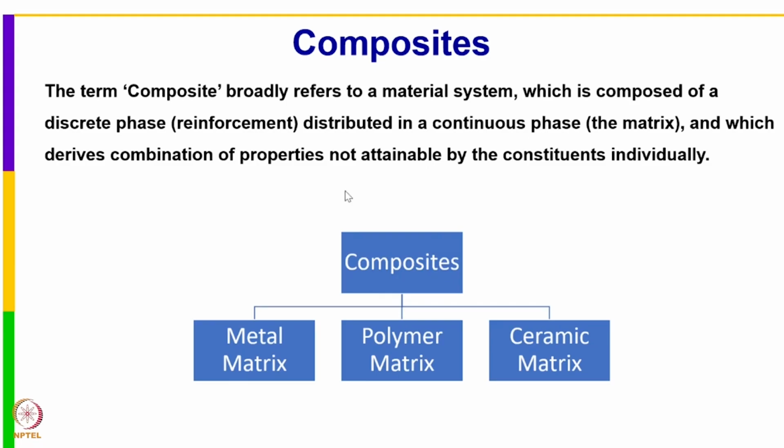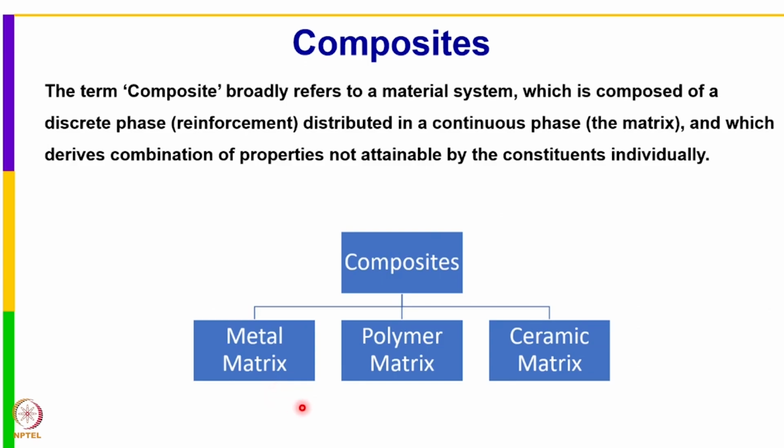Depending on the matrix material, composites can be broadly categorized into three categories: metal matrix composites, polymer matrix composites, and ceramic matrix composites. Our concern for this particular course will be metal matrix composites, especially aluminium based metal matrix composites.